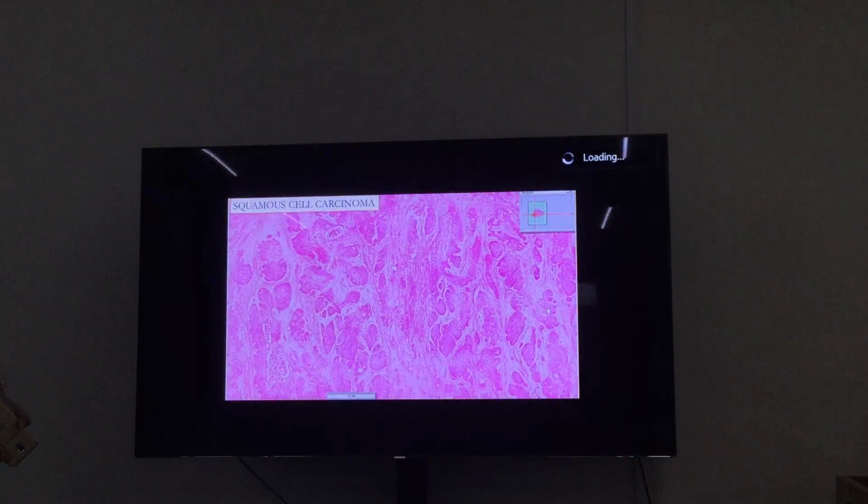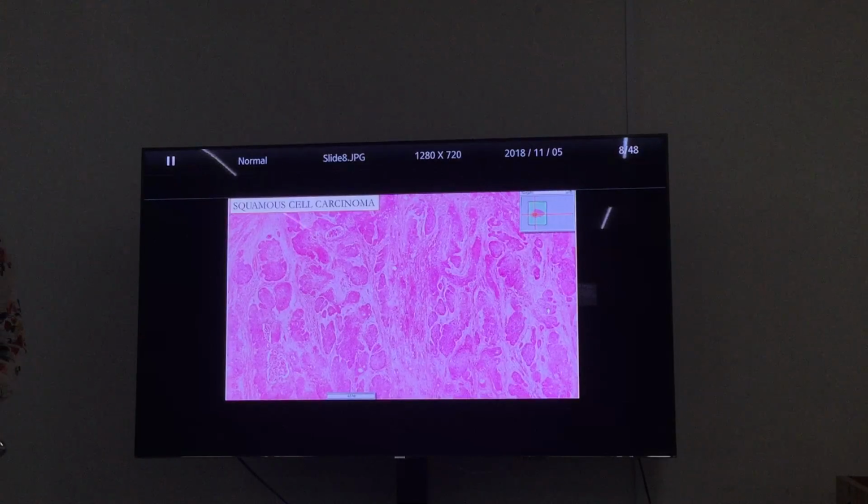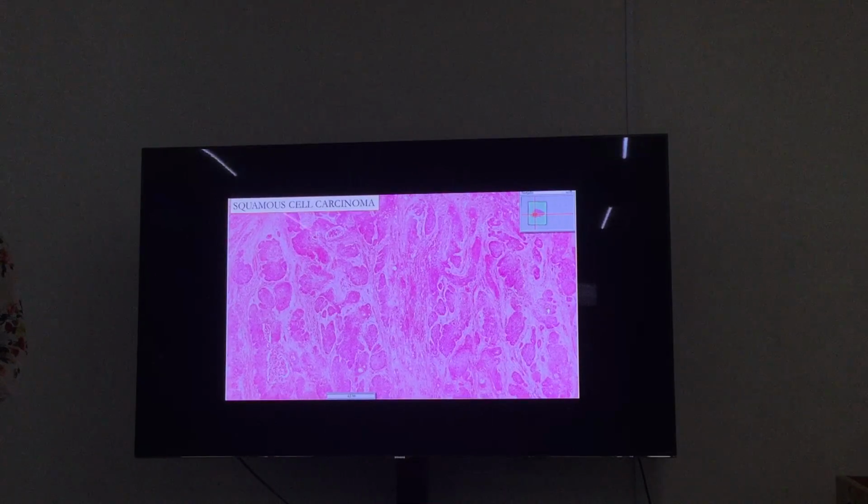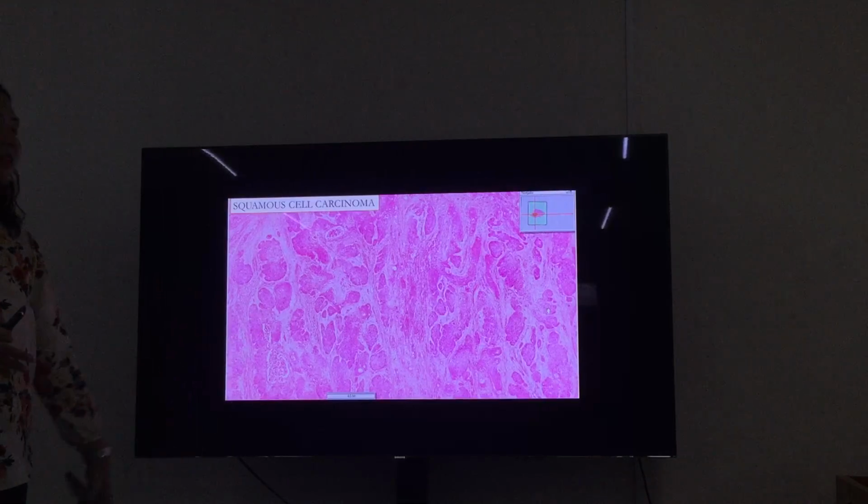So this is another picture, squamous cell carcinoma. Saan siya na squamous cell carcinoma? Sa skin? Paano malaman na squamous ito, hindi ito adenocarcinoma? Pag adenocarcinoma, it's glandular formation. Pag squamous, appears in nest or islands.